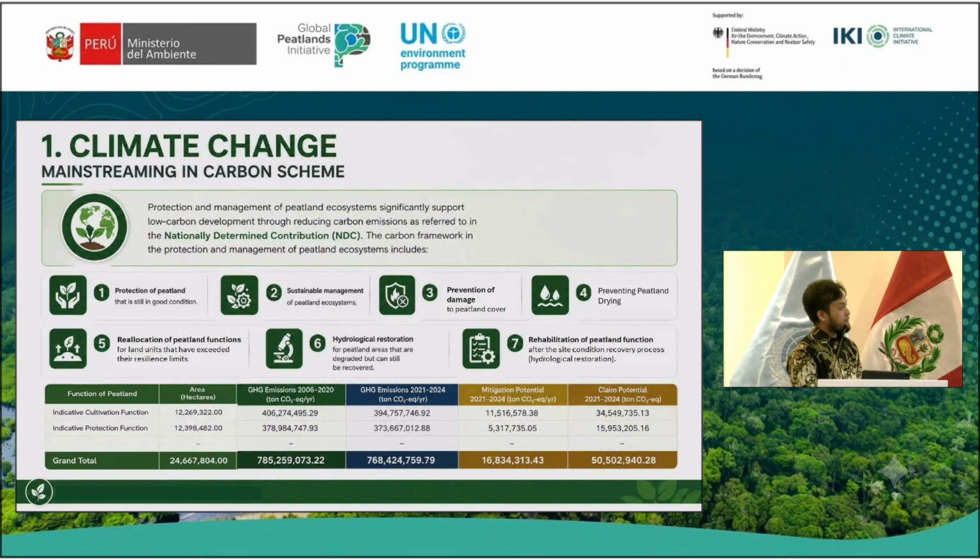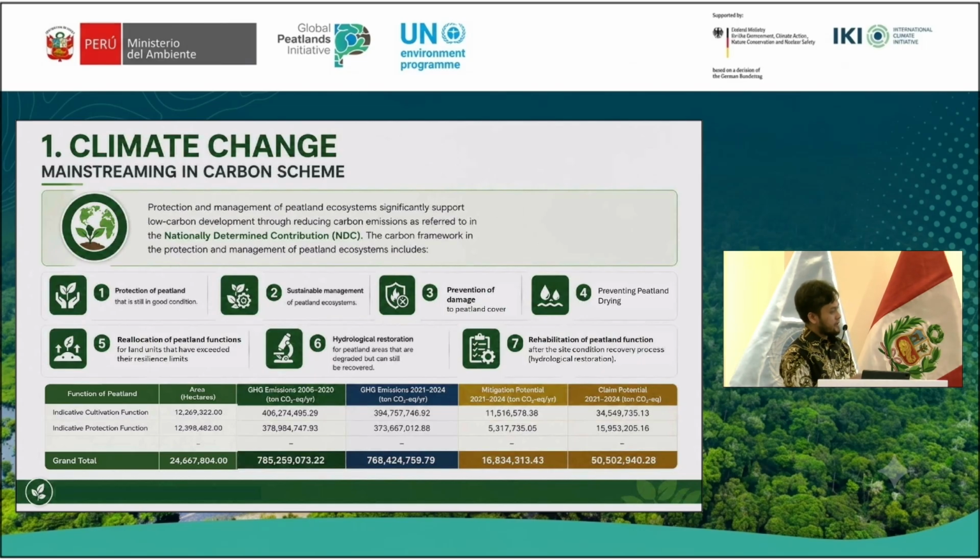For the third and fourth, preventing peatland damage and drying, which are often caused by drainage, fires, and land conversion.